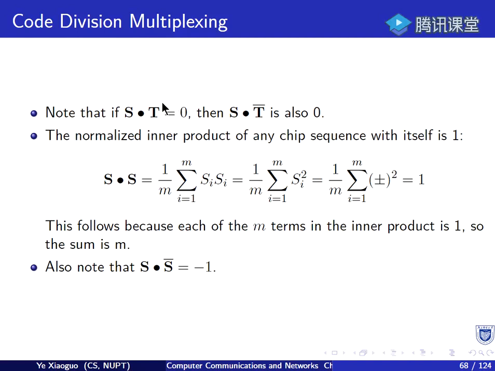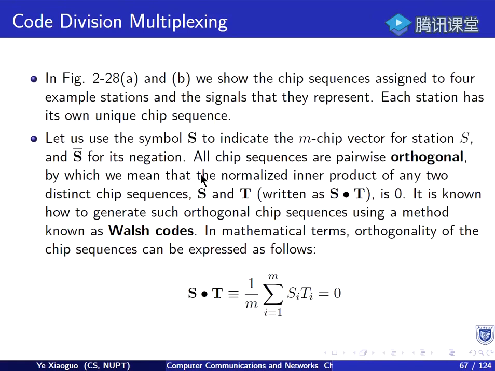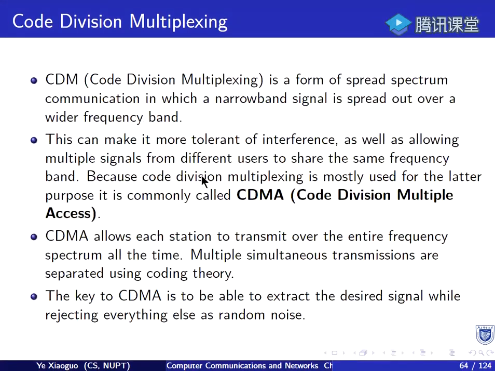If T is not S, then S inner product T is 0. That is why CDMA can reject everything else as random noise.